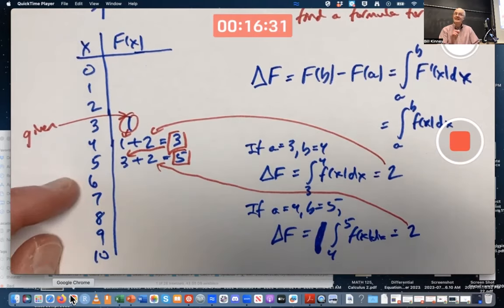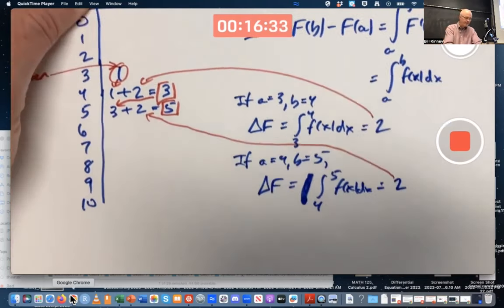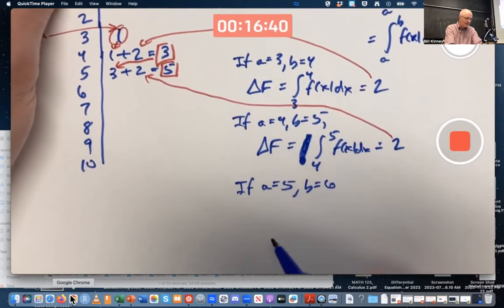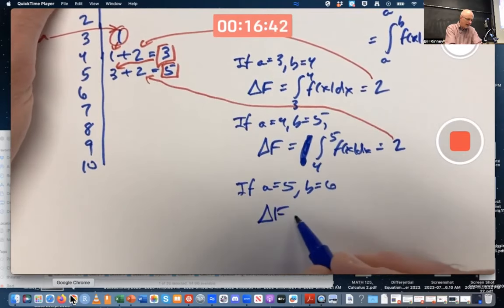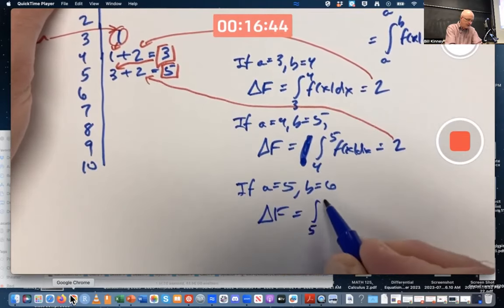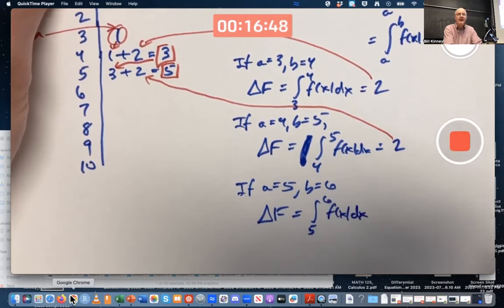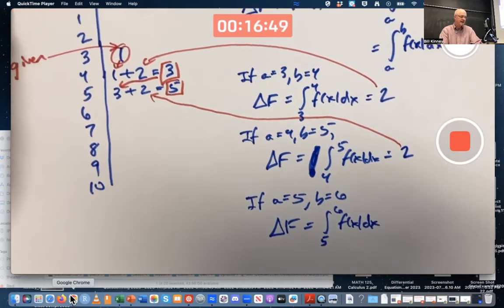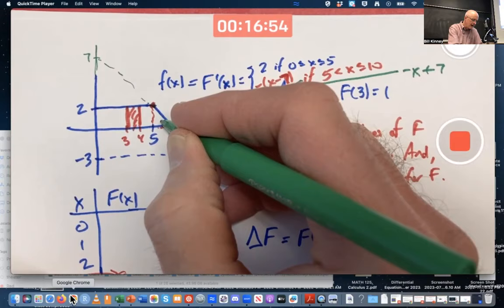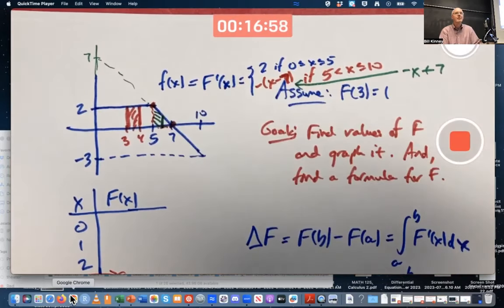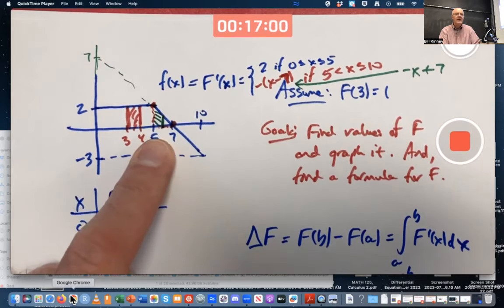As x goes up to 6, it is a little trickier. If A equals 5 and B equals 6, what's the change in capital F? It's the integral of little f, its derivative, from 5 to 6. However, that's a trickier area to calculate. It's no longer a rectangle. It's not even a triangle. It's a trapezoid, right there in green.